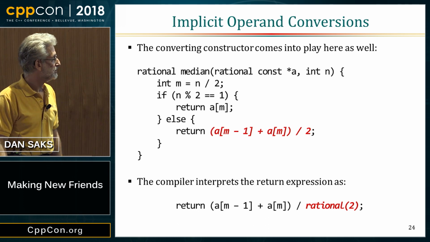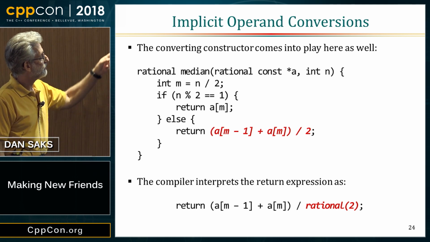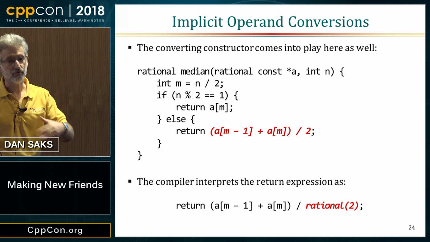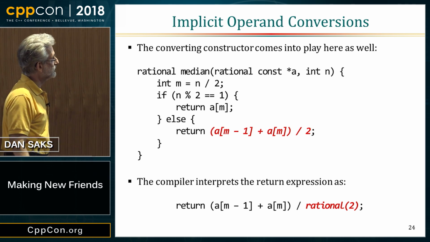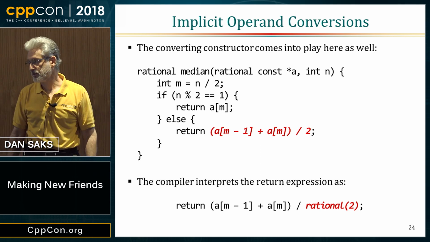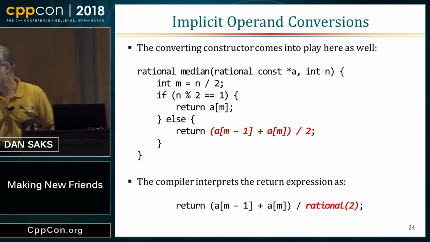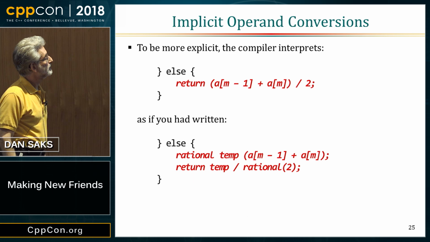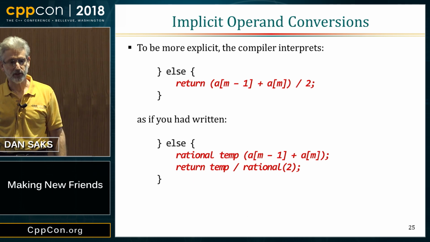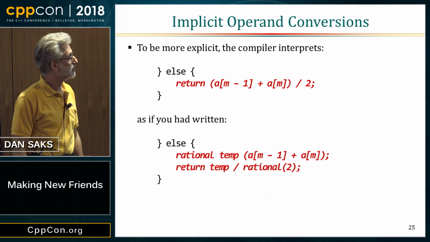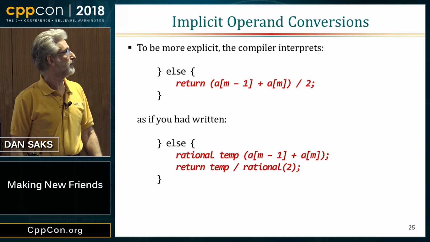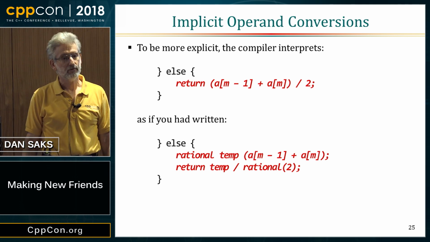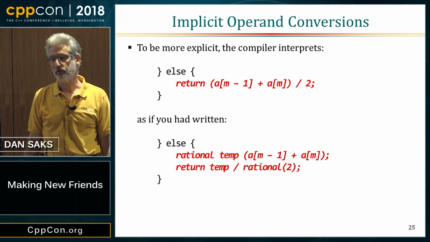And so the compiler is going to implicitly convert that 2, that integer, into a rational so that it will use the operator divide that's the non-member function associated with the class. And this is all very much expected behavior. So once again, here it is in more elaborate detail: if you write that, the compiler is actually manufacturing a temporary object initialized with the sum of those two middle elements, and then it's returning the result of that temporary divided by 2.